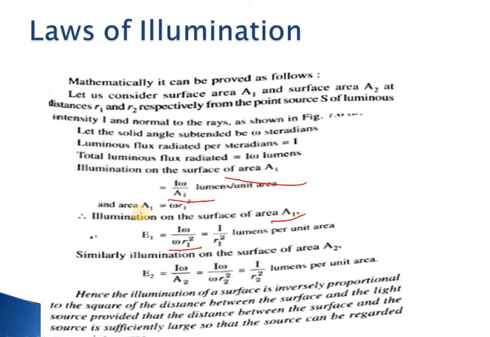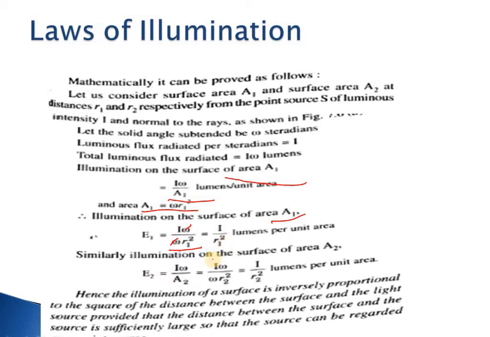Now, if our A1 is omega into R1 square, it will be I omega divided by omega R1 square. So omega and omega cut out and it becomes I by R1 square.